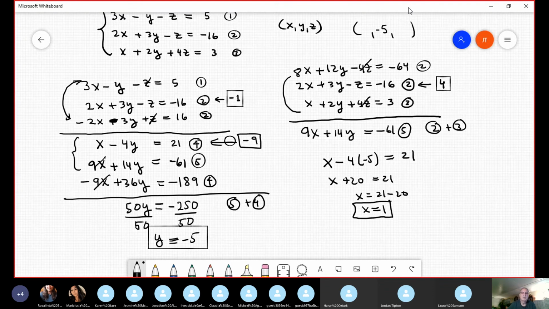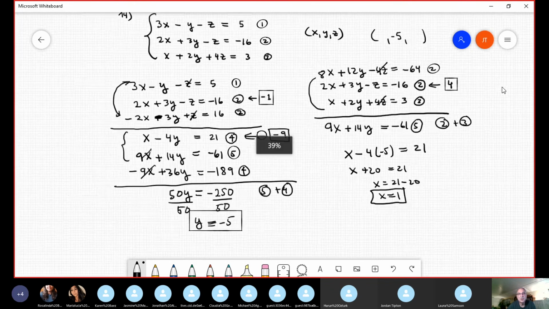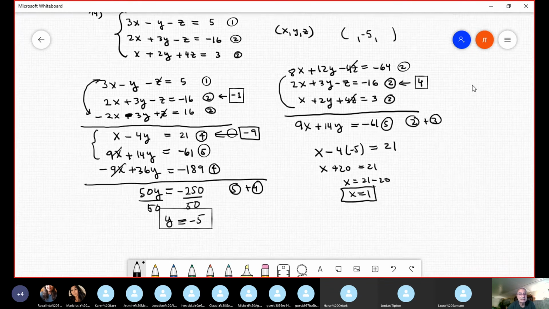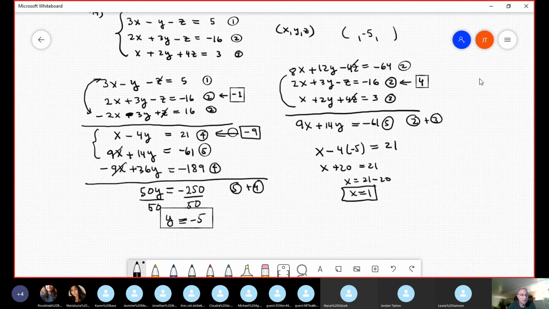Okay, finally, yes. And the last step, I use the original equation. And the original equation is an equation that contains x, y, and z. Suppose I want to select the first one. Entonces 3, look, 3 times x is 1, minus y, que y es negative 5, ¿no?